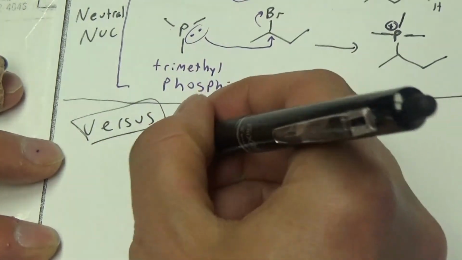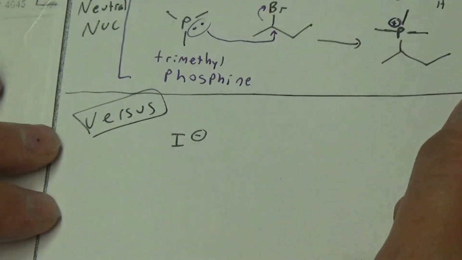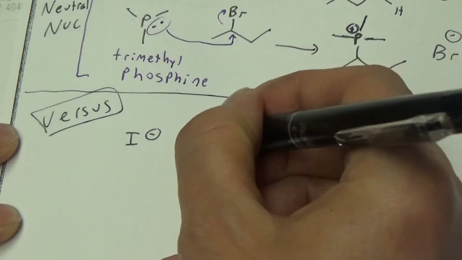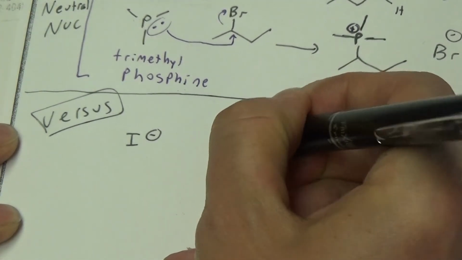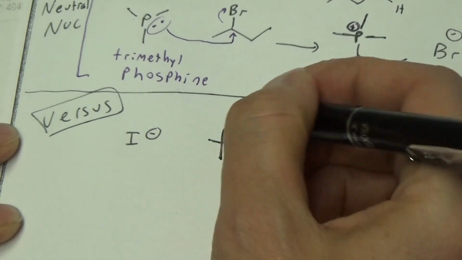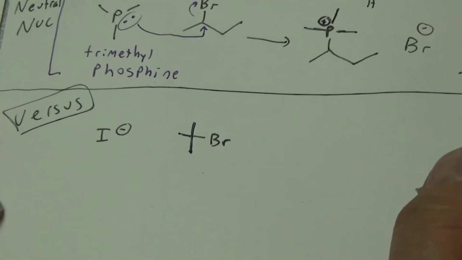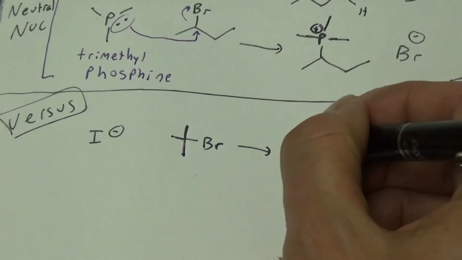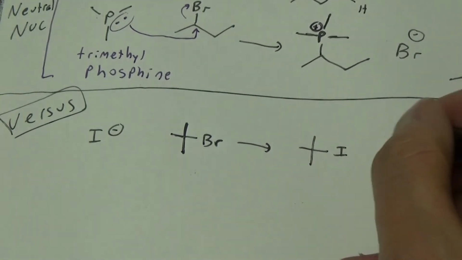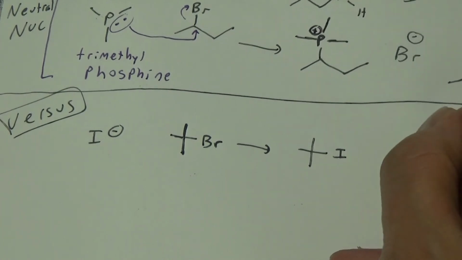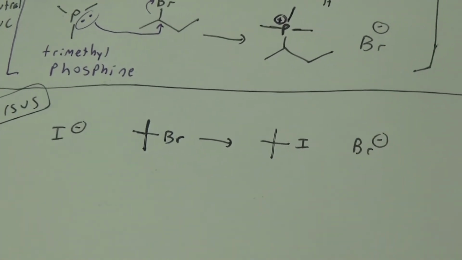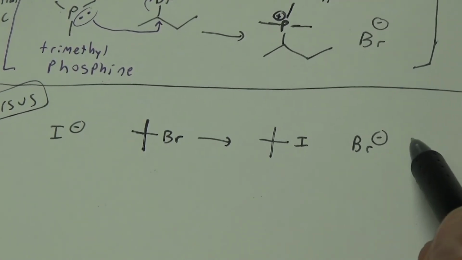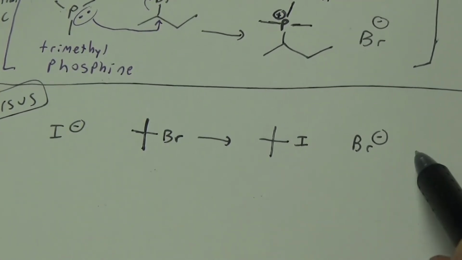If I have iodide, I minus, so it looks like a nice charged nucleophile, and I react it with tert-butyl bromide, I get tert-butyl iodide and Br minus. Okay. This is not an SN2 reaction. I'll give you a name of this, but this is actually next chapter.